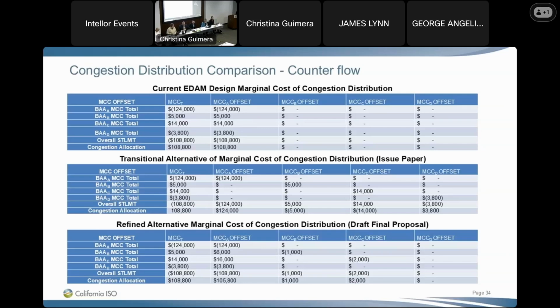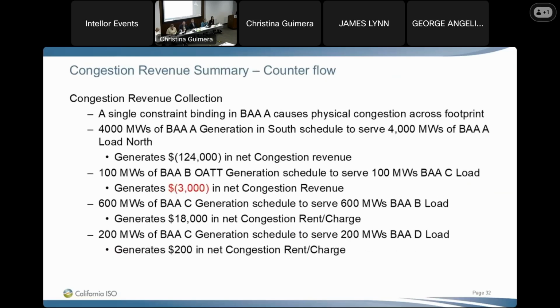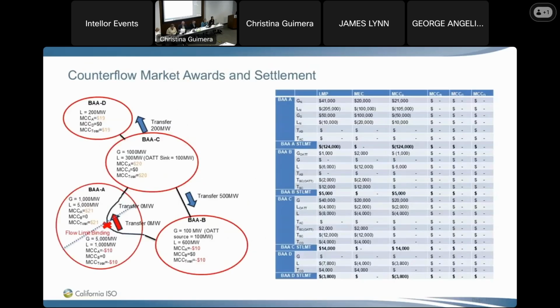Yeah, Steve Keen, Southern California Edison. If you can go back to, I guess it's page 31. This one, yeah. I am a little bit troubled because I see there's 400 megawatts of power flowing from BAC to BAB.